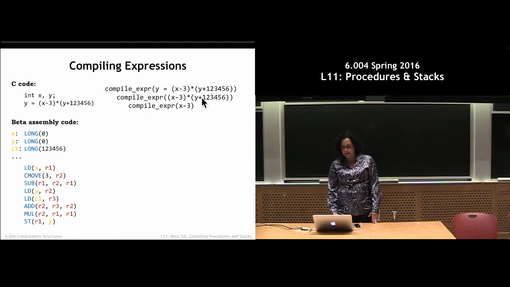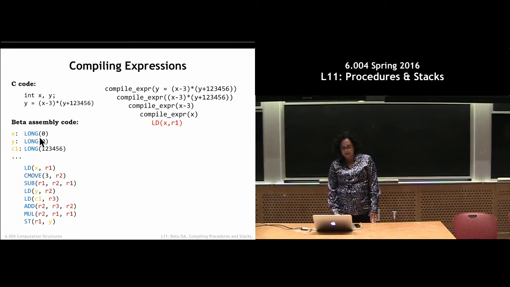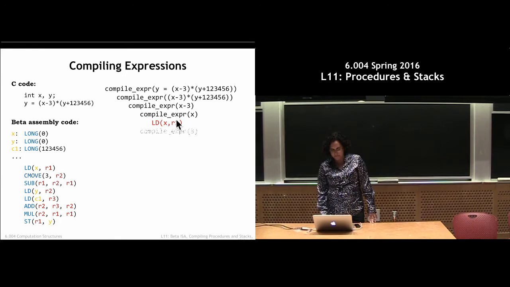So we split this up into two and call compile expression on x minus 3. That brings us down to compile expression on x, and the corresponding assembly is to load the value x into a register. We have some x defined here in memory, and we can now load that value into R1.